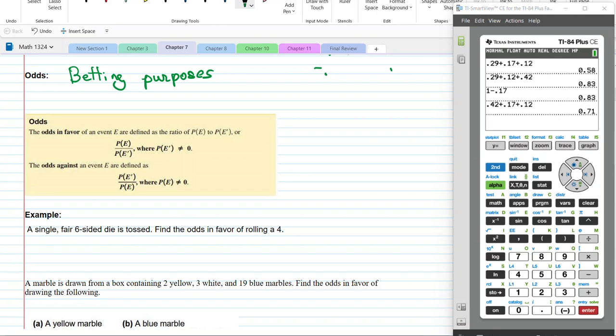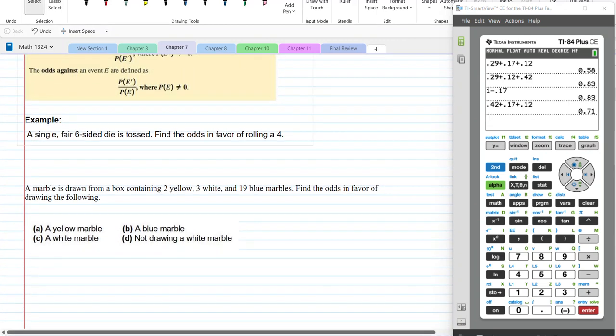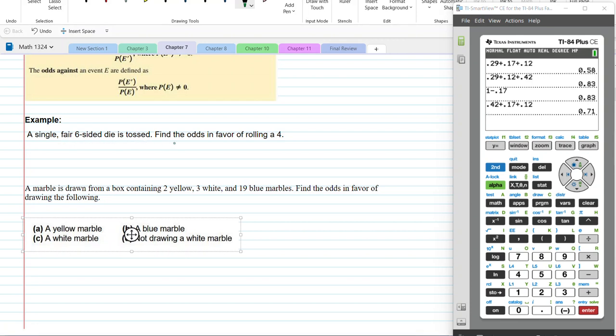All right, so let's do an example here. A single fair six-sided die is tossed. Find the odds in favor of rolling a 4.